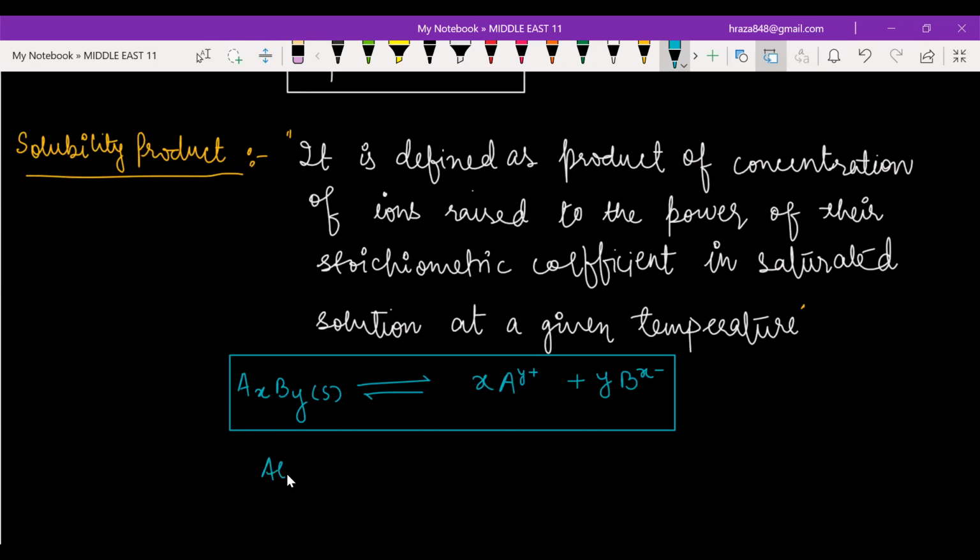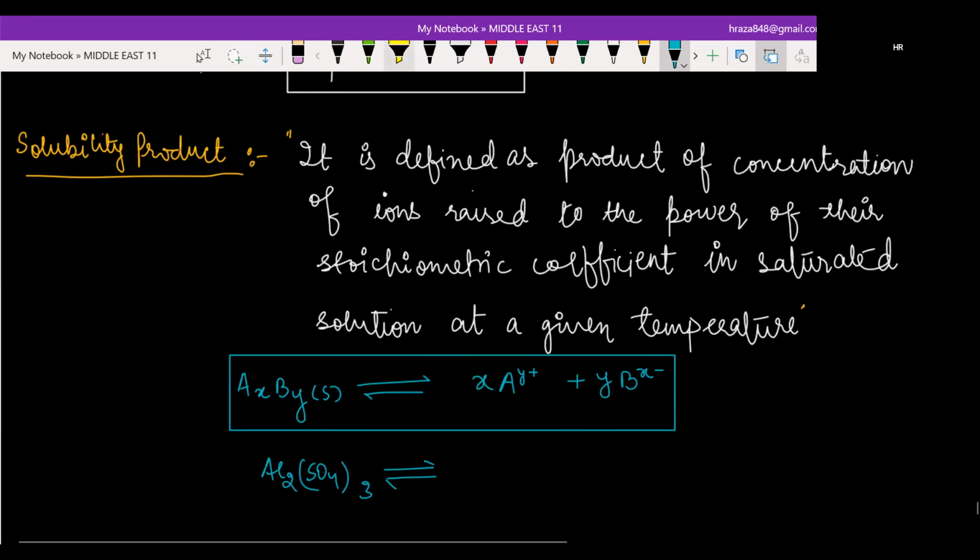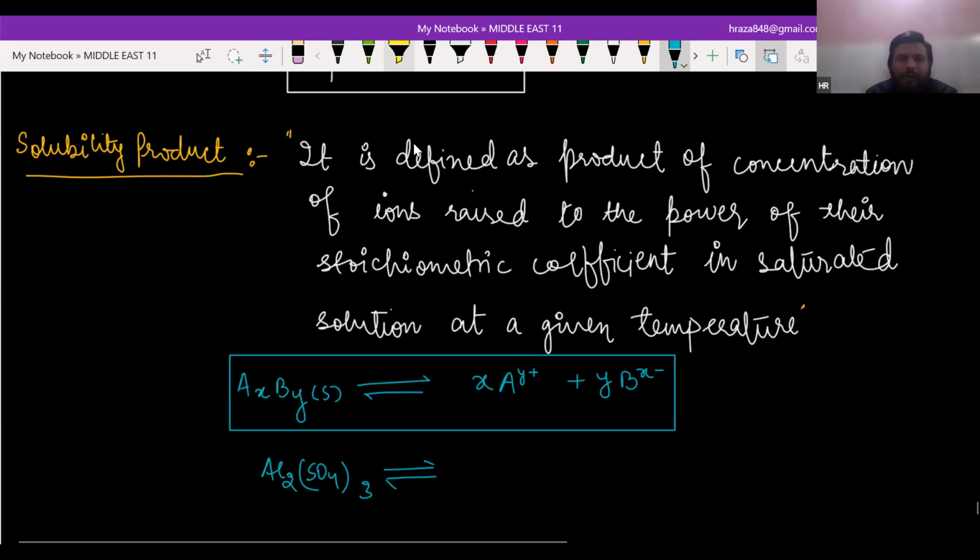If we have Al2(SO4)3, please dissociate it into ions and let me know the product side.